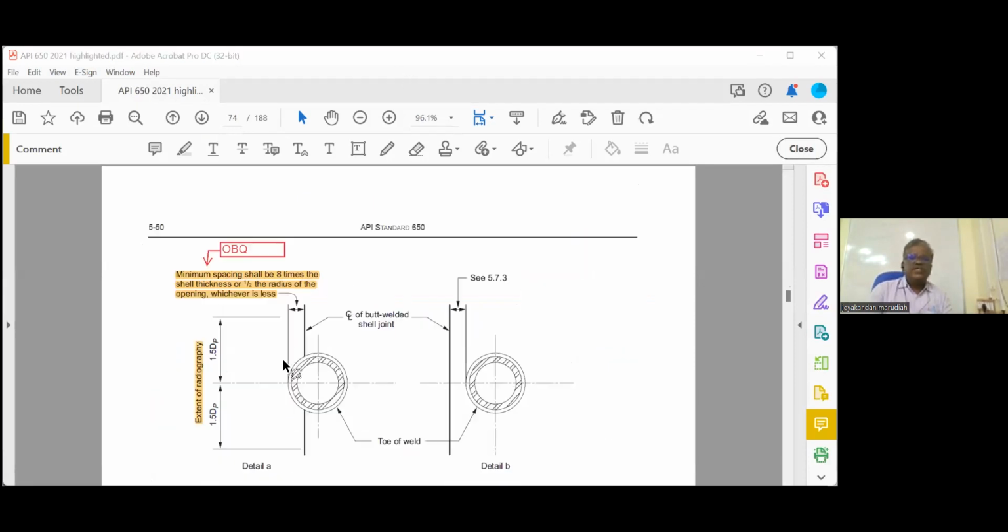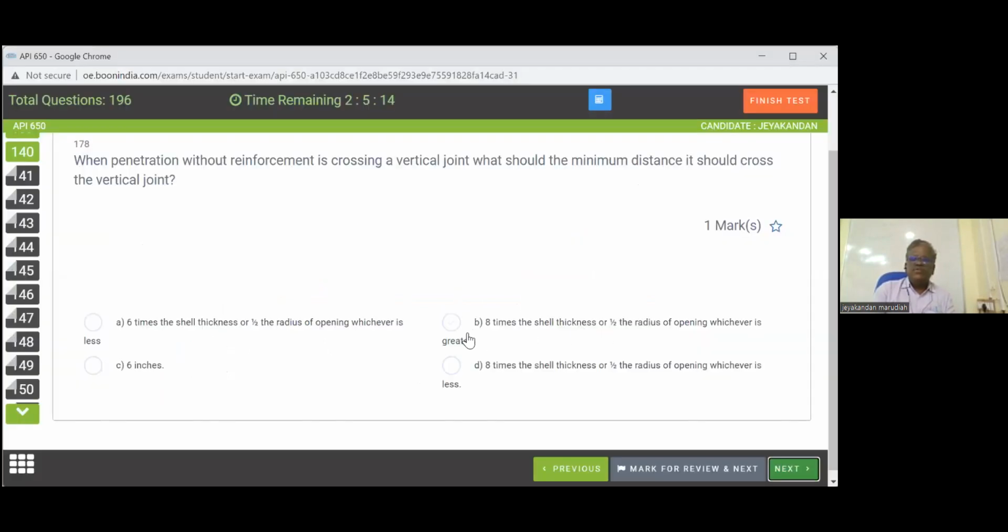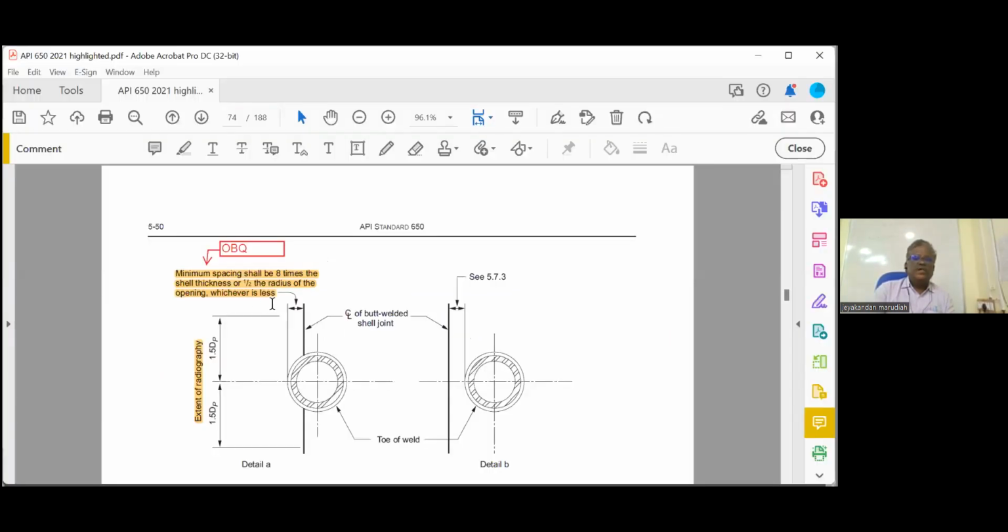It is 8 times shell thickness or half of the radius of the opening, whichever is less. Okay, so it is not greater, whichever is less. Minimum spacing 8 times the shell thickness or half of the radius, whichever is less.